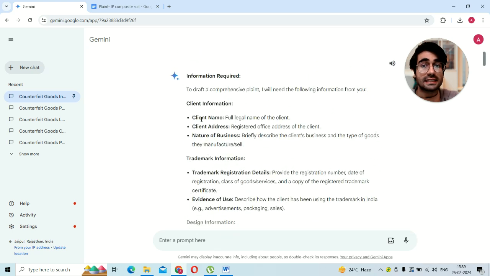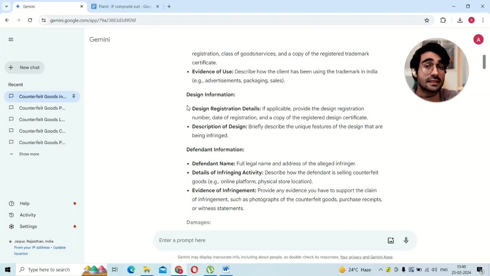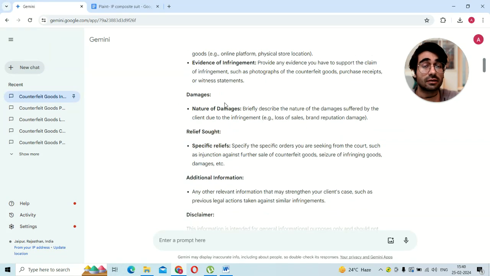I was asked to provide these details, such as the client's information, and the specific information as far as the trademark is concerned, right? So the registration details of my trademark, the design information, the registration details of my design, the defendant's information, what are the damages being caused, and what are the reliefs that I seek out of such a suit.